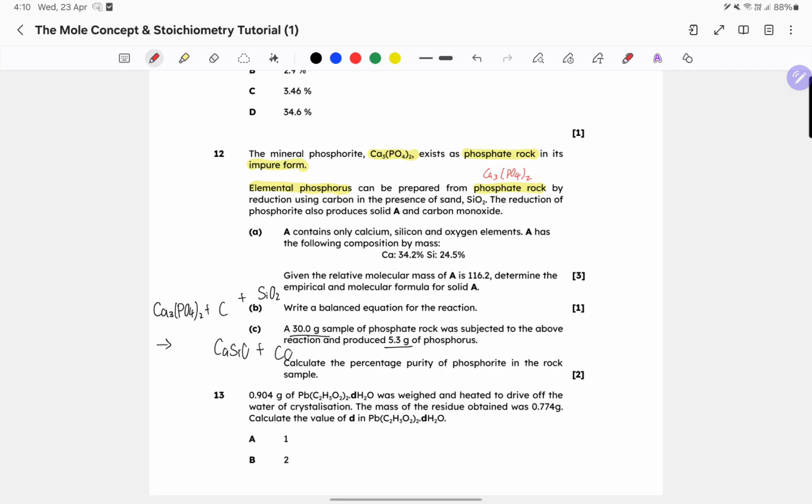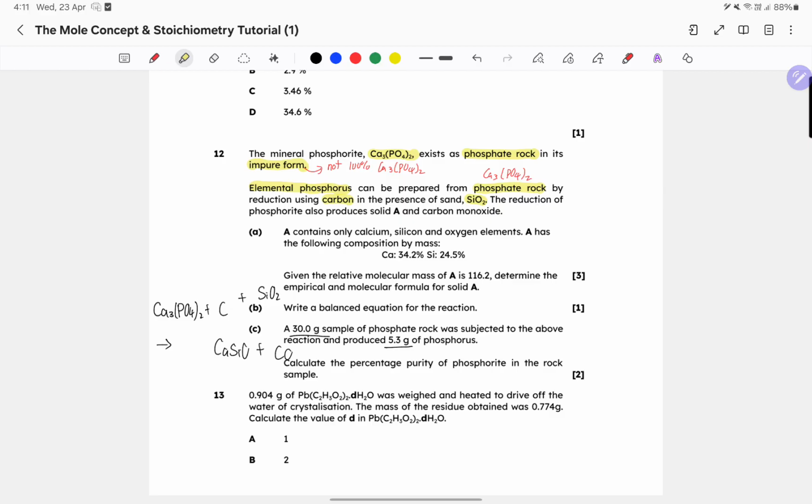Because this substance is inside the phosphate rock and the rock is not 100% Ca3(PO4)2, it means it's not 100% pure. Then they say it's through reduction using carbon and in the presence of sand, which is SiO2.